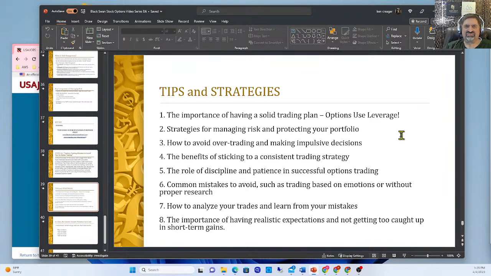Remember what options were designed for. Options were designed to help mitigate and manage risk. A very simple example of that is, they're actually futures, but say you're a farmer and you are going to plant corn, and your corn is going to cost a certain amount of money.